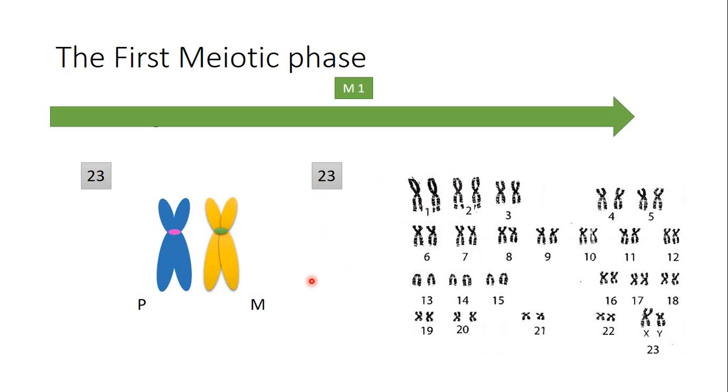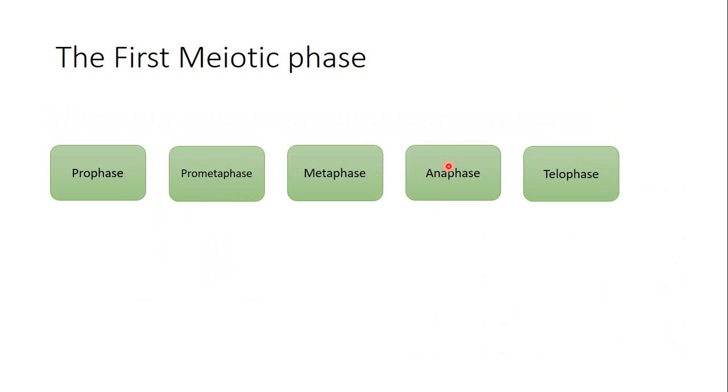Every set consists of 23 chromosomes coming either from the father, the paternal chromosomes, or from the mother, the maternal chromosomes. And in the first meiotic phase, every pair of chromosomes is going to be divided into 2. Let's see how it happens.